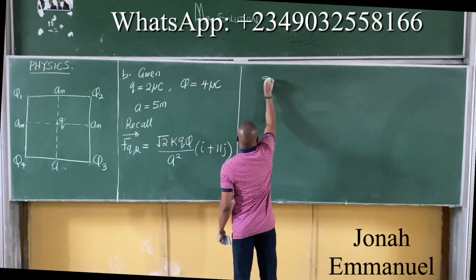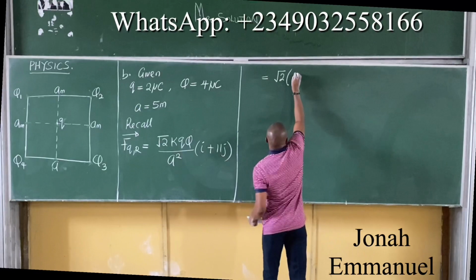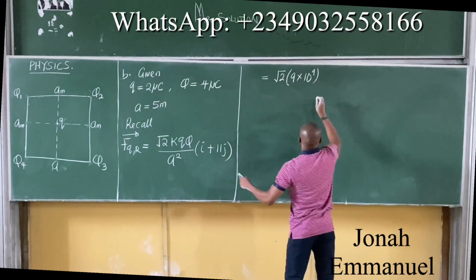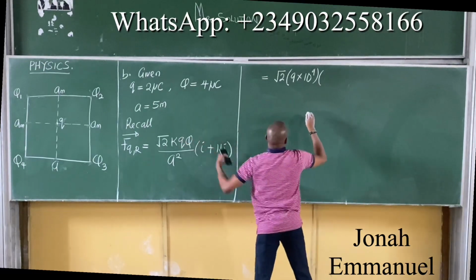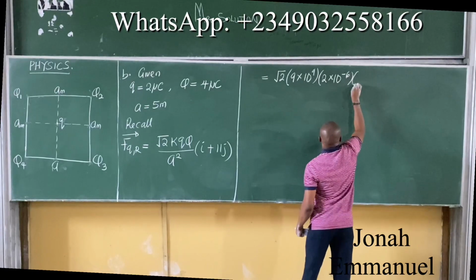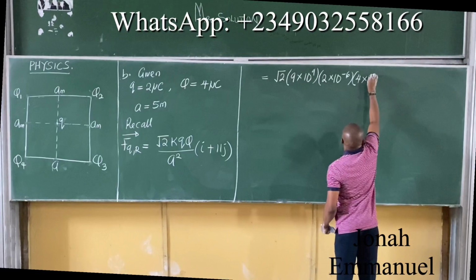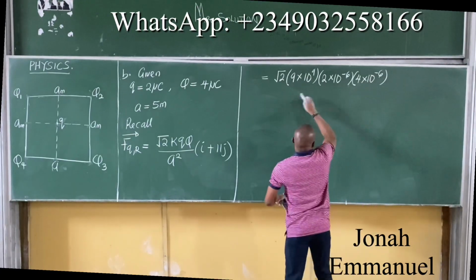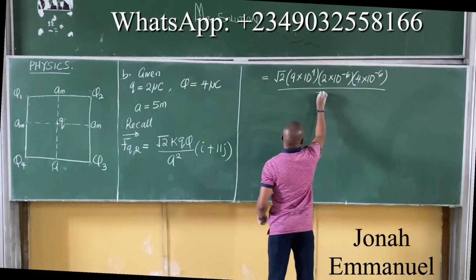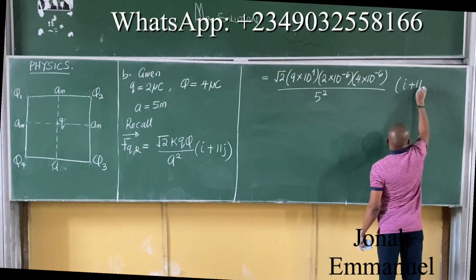That's now equal to root 2 into K. K is 9 times 10 to the power 9, into q, this q is 2 micro, 2 times 10 to the power minus 6, into capital Q, 4 micro, 4 times 10 to the power minus 6. Please punch all of numerator, all over A squared, that's 5 squared, into 2i plus 11j.